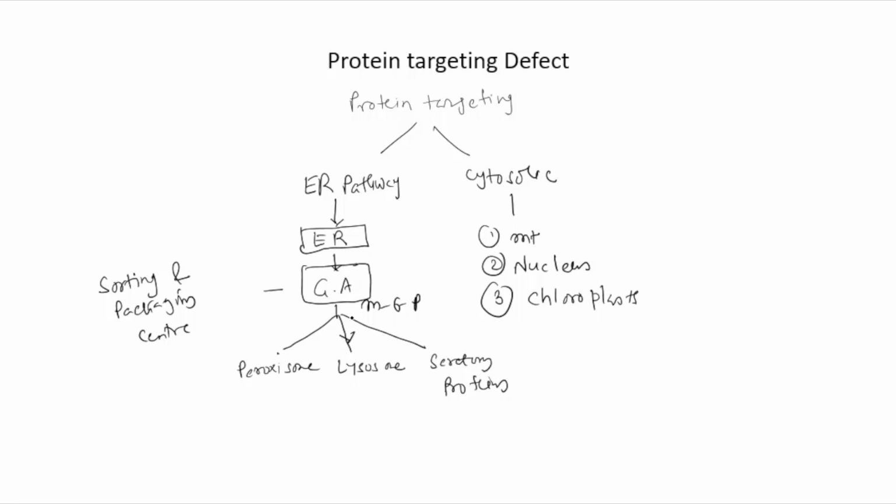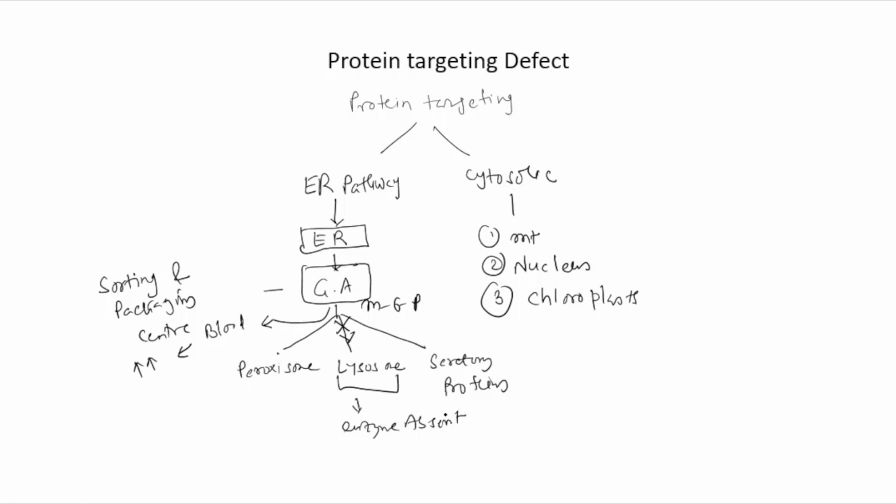In that case, the lysosomal enzymes will fail to reach lysosomes, and instead they will make their way into the blood. So the blood level will be high, but in the lysosome the enzymes will be absent.